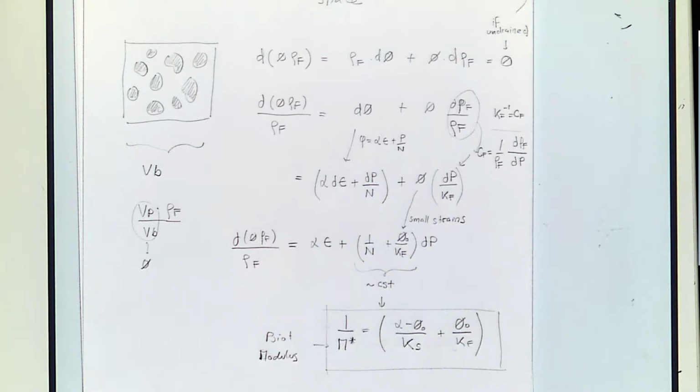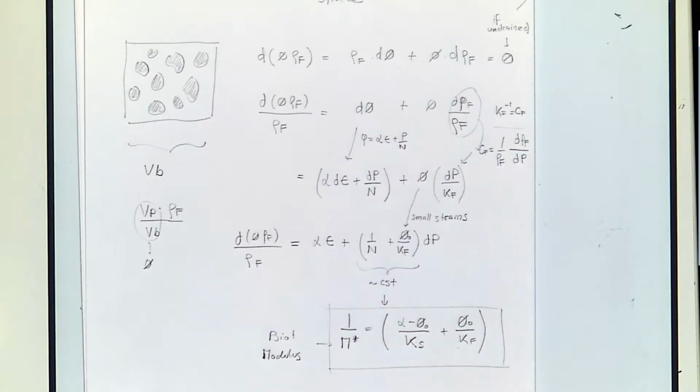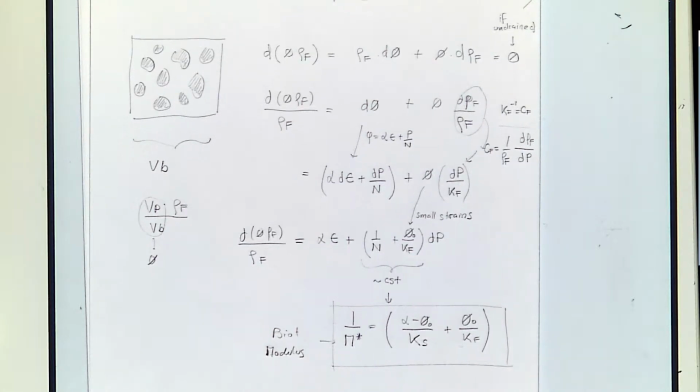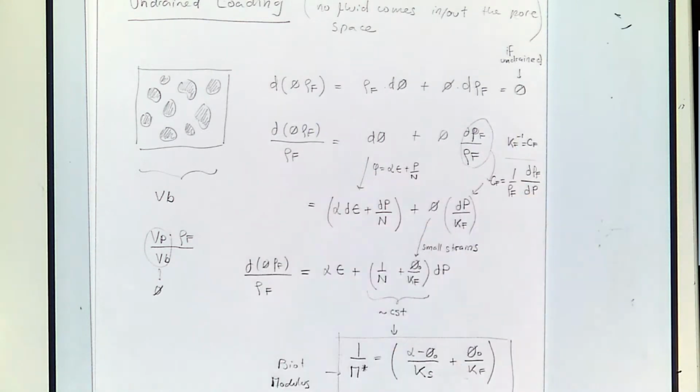All right, so what we're going to do now is use this Biot modulus in order to expand the diffusivity equation. So basically, this is conservation of mass, because this is what we have done. The variation of mass equal to 0, so this is just conservation of mass.